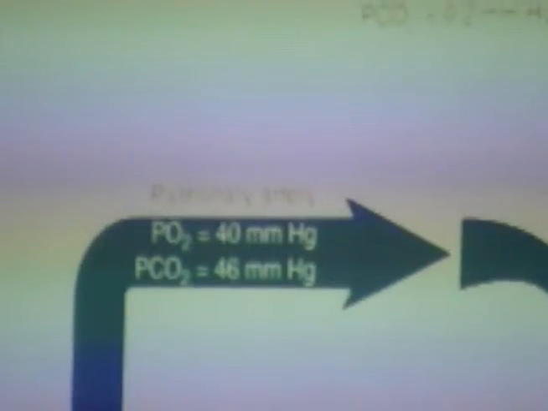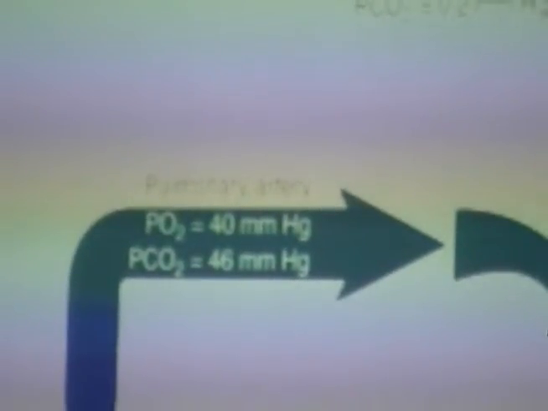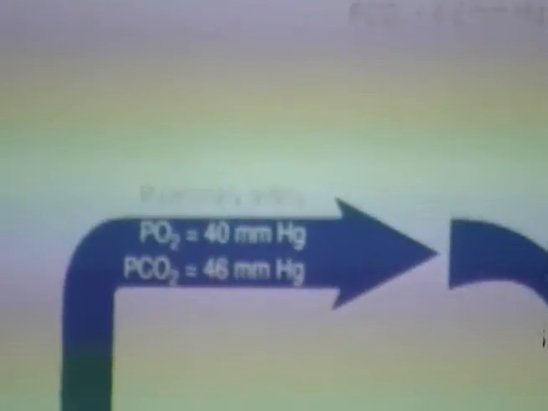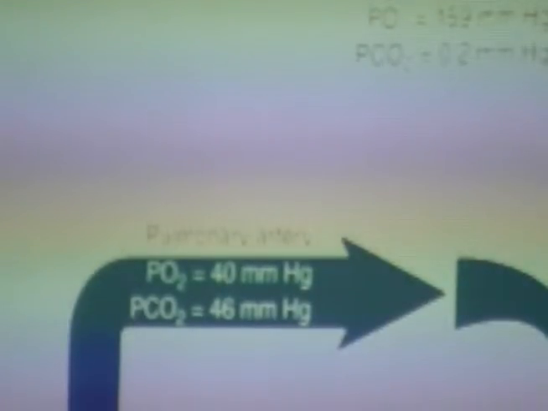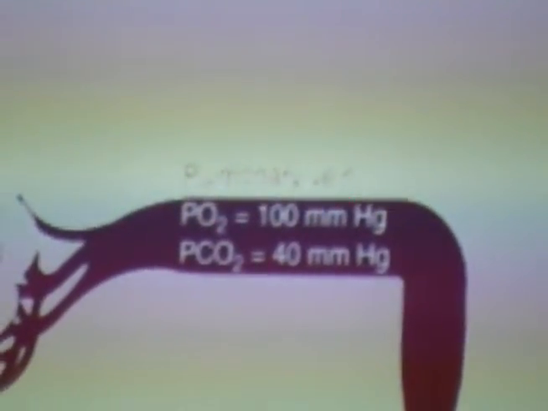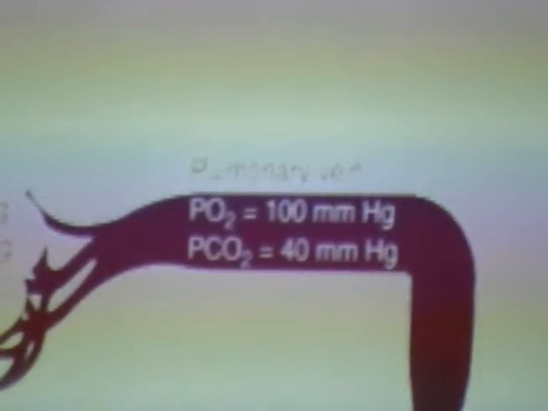So 40 to 105 is a steep gradient. That means it's very easy to load oxygen out of the lungs into the bloodstream and get it onto the hemoglobin. So the blood leaving the lungs is up to 100 from 40.